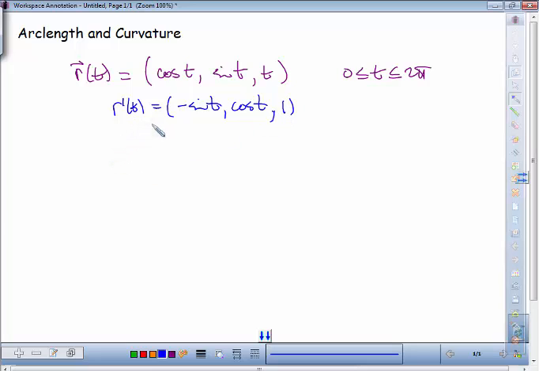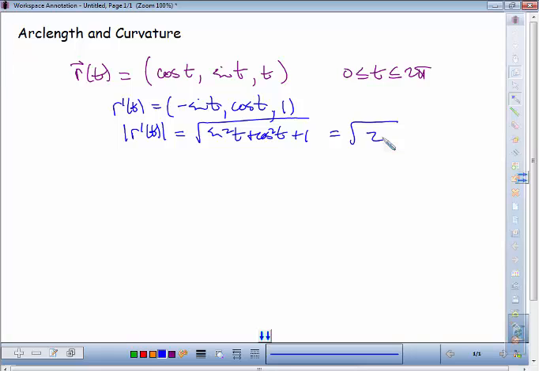And then we want to find the magnitude of that: sine squared t plus cosine squared t plus 1 squared. And sine squared and cosine squared is 1, plus 1 is 2. So let's just call it 2. So that is the number that goes into the integrand.